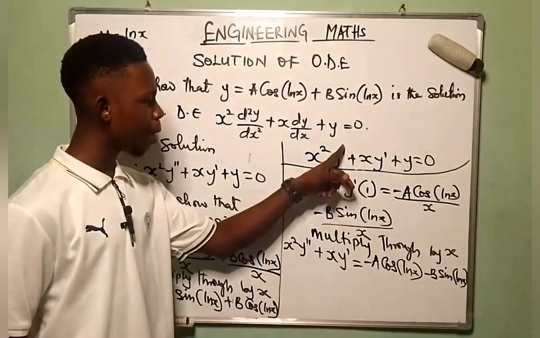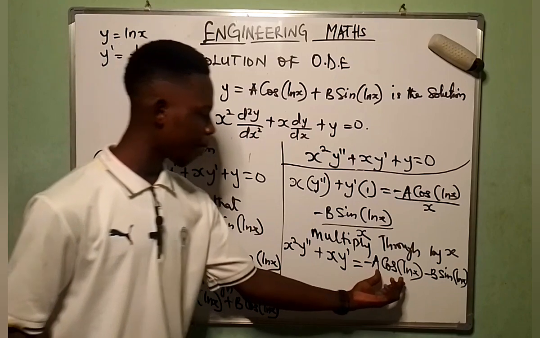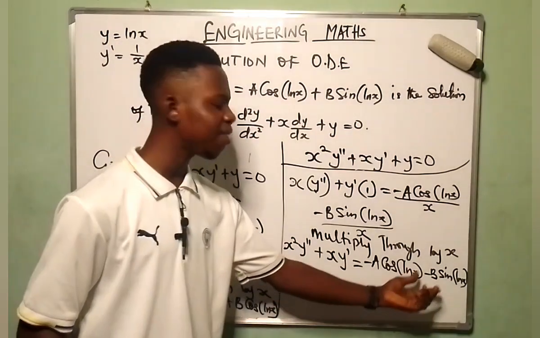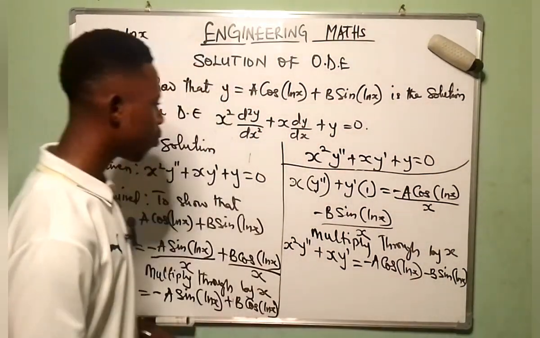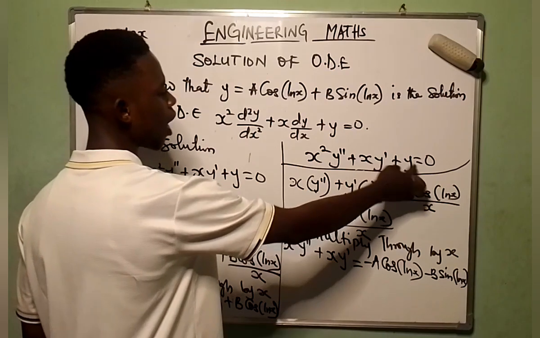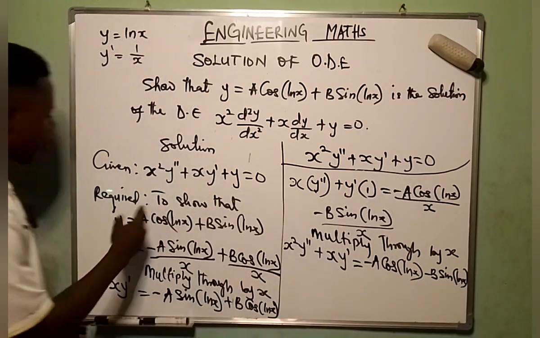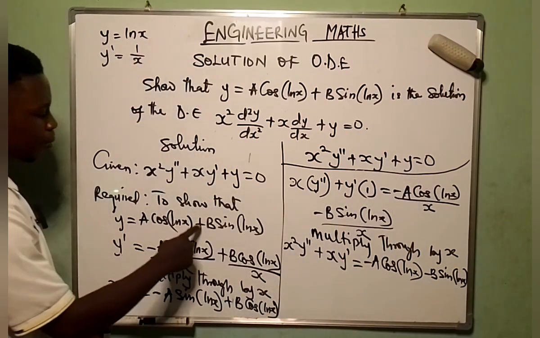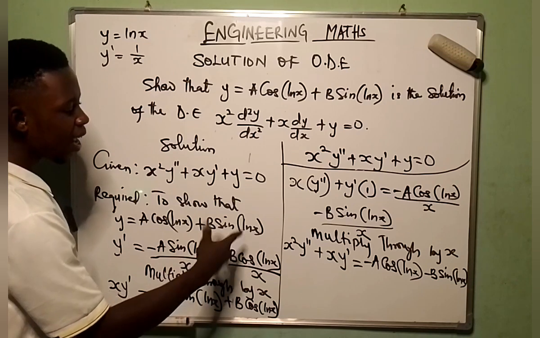So x square y prime prime plus xy prime is minus a cos ln x minus b sin ln x. Now the only thing we have to do is to add y, and the value of y is a cos ln x plus b sin ln x.